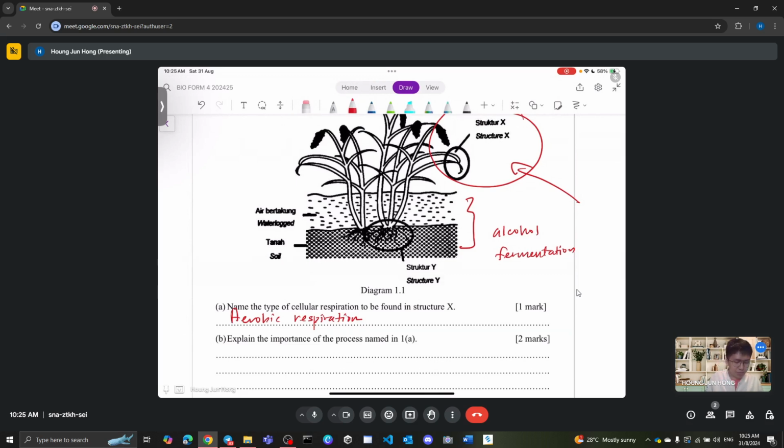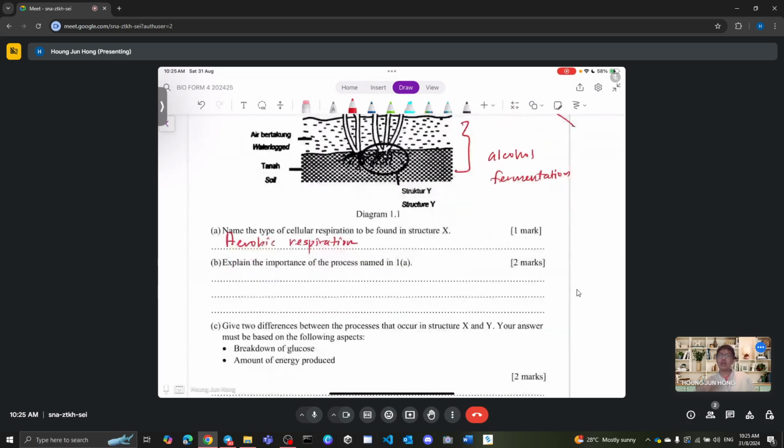This is quite a simple question, but down to the ground you should know the purpose of respiration. Be it aerobic respiration, alcohol fermentation, or lactic acid fermentation, you should know all of them are under cellular respiration. They share the same goal. What is the goal? The goal is to break down glucose. And from the glucose, what do we get?